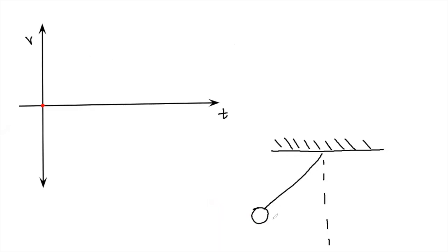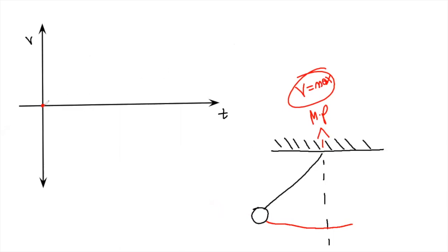Now, when I release it, it starts moving, so my speed slowly increases. And a fun fact, at mean position, velocity becomes the maximum.